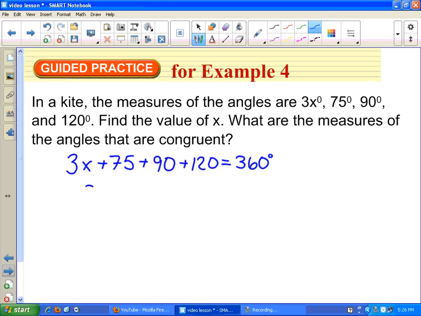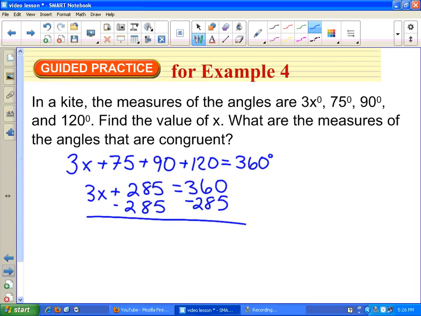So I'm going to add them up. 3x plus 285 equals 360. Subtract 285. 3x equals 75. Divide by 3, divide by 3. X equals 25.